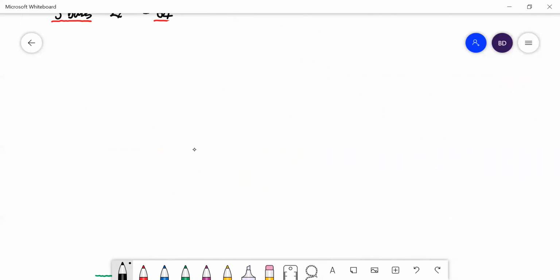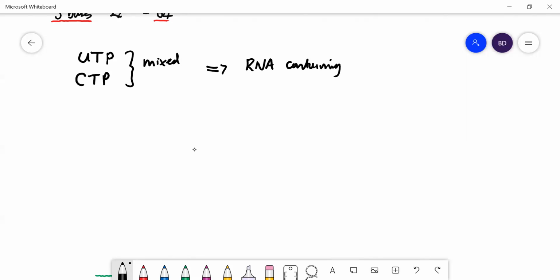They got UTP, so that's the triphosphate nucleotide of uracil, and they got CTP, and they mixed these together, and that made RNA molecules containing only U and C. Okay, so they've got these great big long RNA molecules, but instead of having all 4 bases in, they only had 2 bases.